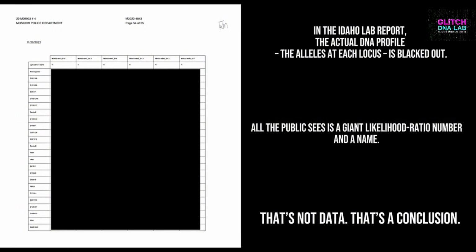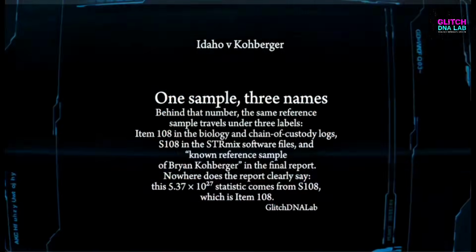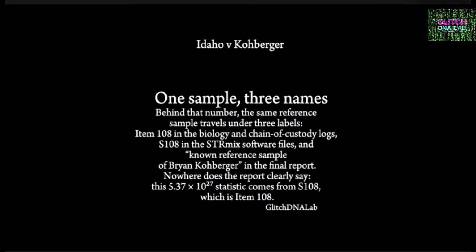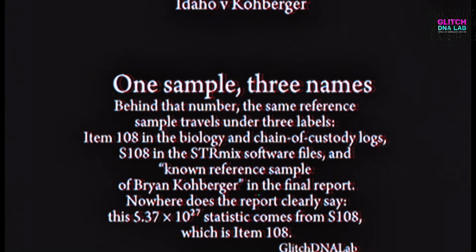Number 2, S108/M20224843 underscore S108.CSV. In the STRmix staff search report, the same reference is now a software object, a file identity used in the modeling. Number 3, known reference sample of Bryan Kohberger in report 26.